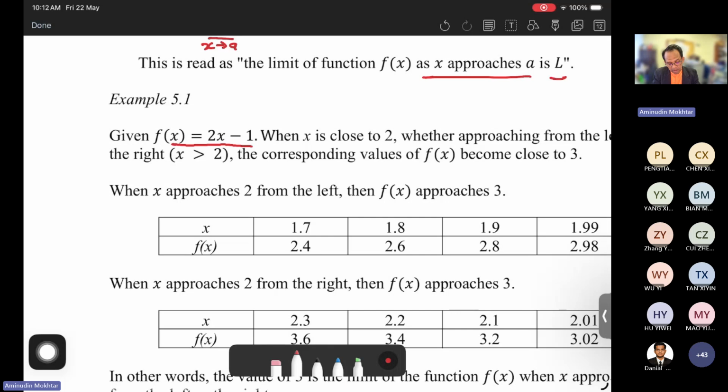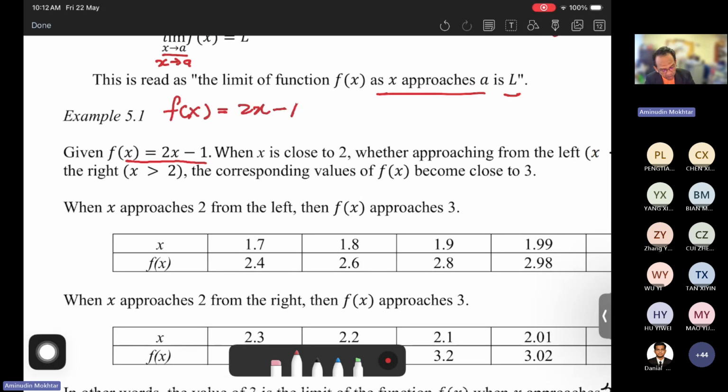Now, based on topic 1, when y equals 2x minus 1, for example, at the point when x equals 2, the value of y is 2 times 2 minus 1, equal to 4 minus 1, equal to 3.